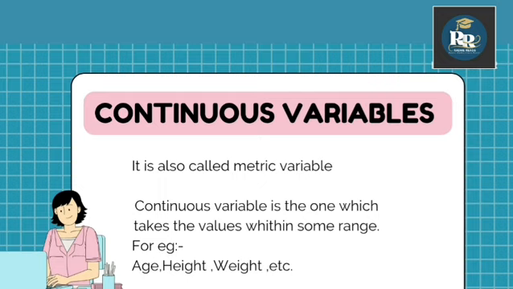So it will have the range between 164 to 165. See, like that your weight is also the value which is within some range. Since all have some kind of measurements, therefore, the continuous variable is also called the metric variable or the metric data.